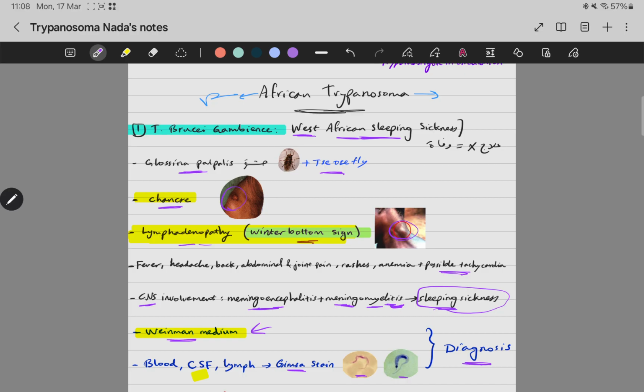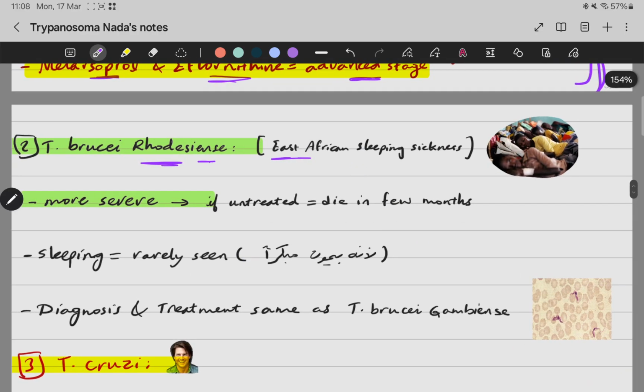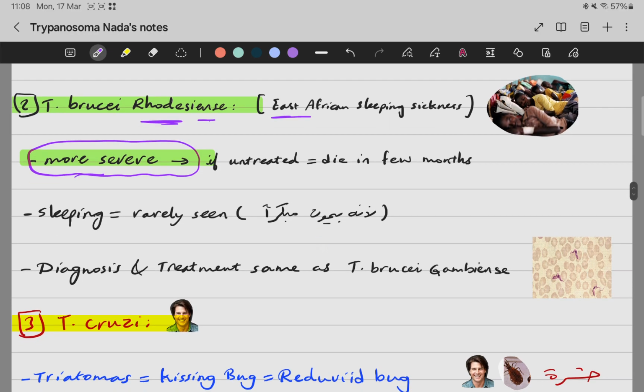So, gambiense West and rhodesiense East. Okay, but it's worth mentioning that Trypanosoma brucei rhodesiense is more severe. If not treated urgently, it can lead to death within months or weeks. So it is more dangerous and more severe.